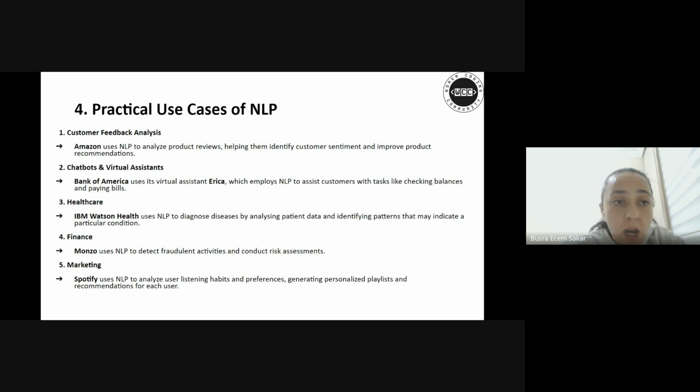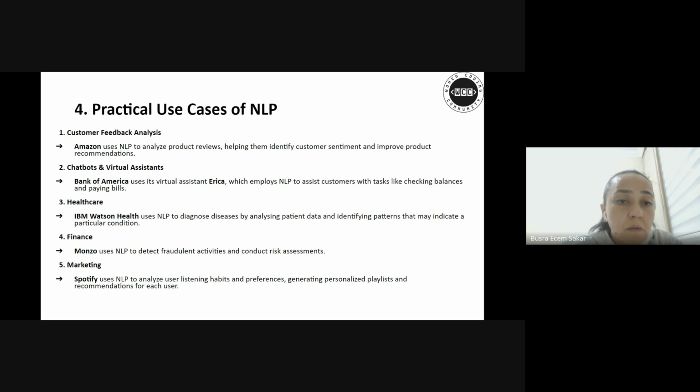In healthcare, IBM Watson Health uses NLP to help diagnose diseases by analyzing patient data such as medical records. They are using medical named entity recognition to identify diseases, treatments, and symptoms, for example. They use text classification models like BioBERT to categorize medical notes.